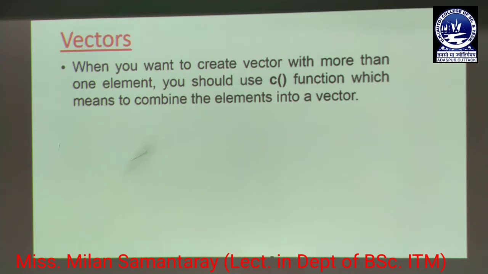And next, let us go to vectors. When we want to create a vector with more than one element, you should use the c function, which means to combine the elements into a vector. In the previous examples we entered only one element into the variable, and when we want to enter more than one element, we have to use this c function.